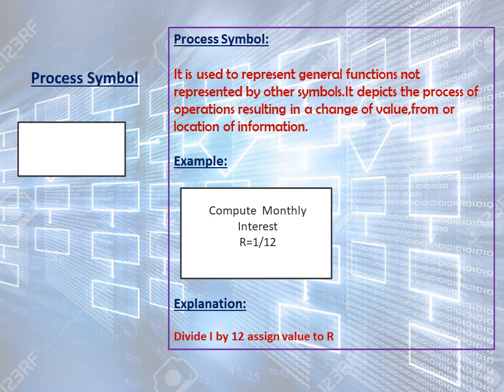Example: compute monthly interest R equals 1 divided by 12. This is the simple process we perform in our program. Explanation: divide 1 by 12, assign the value to R. So this is the first symbol we have seen, the process symbol. It is used to show the process of your program in a flow chart.